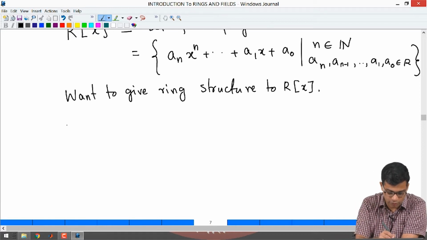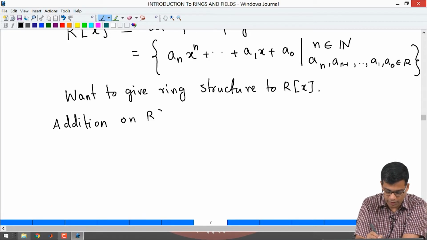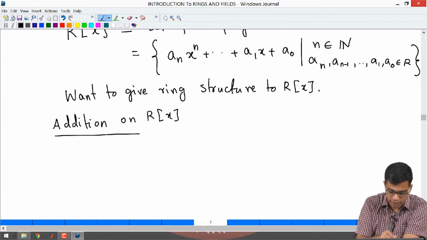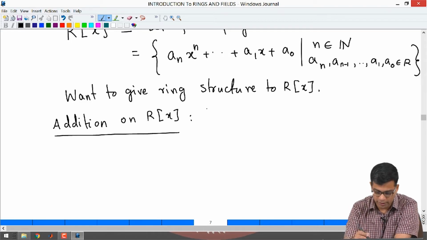So in order to make R[x] a ring, we have to define addition on R[x] and multiplication on R[x]. Addition is something that you can guess.